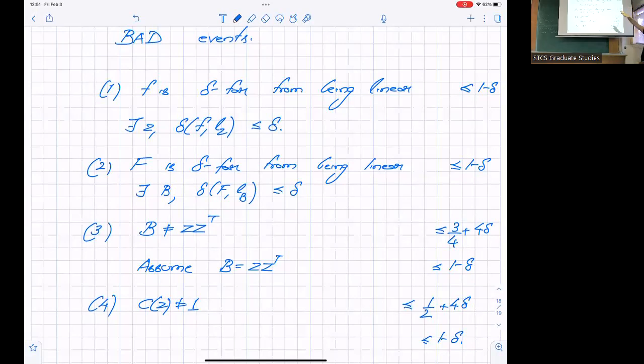So now you can assume f is delta close. Let that close function be some LZ. Let's fix that. Now it could be that capital F is delta far. Once again, you have 1 minus delta. So now the proof has committed itself to a capital B at this point, that's a capital B, that's a capital Z. It could be that B is not equal to ZZ transpose, in which case you now reject with that probability.